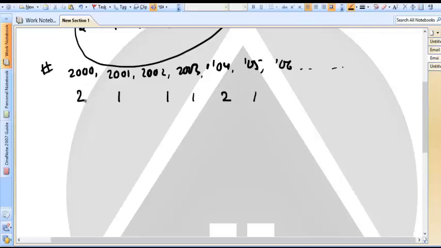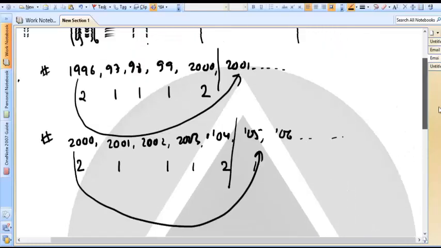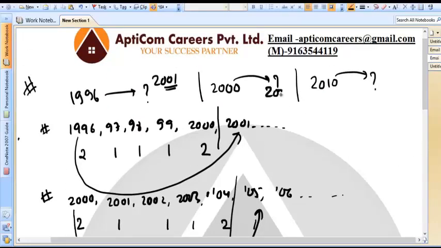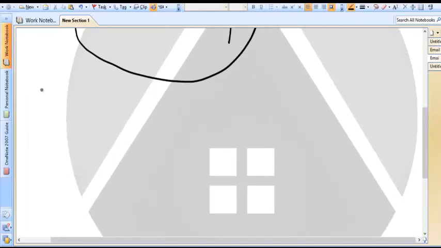So here you see 2, 3, 4, 5, 6, 7. Again I'll make a line. It means that the 2000 calendar will actually repeat in 2005. So my answer for this question becomes 2005, right?